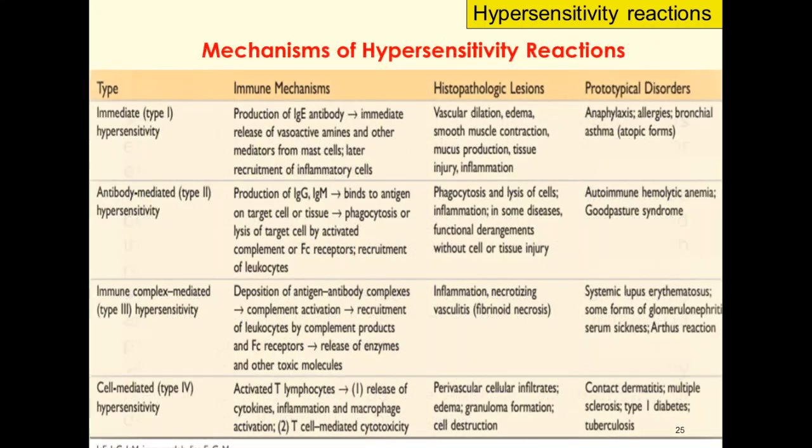Move on. There are 4 main types of hypersensitivity reactions. Type 1, 2, 3, and 4. In some classifications, you could find just numbers. In some classifications, you could see the names. So immediate, antibody-mediated, immune complex-mediated, cell-mediated hypersensitivity. Anyway, you need to know all these 4.